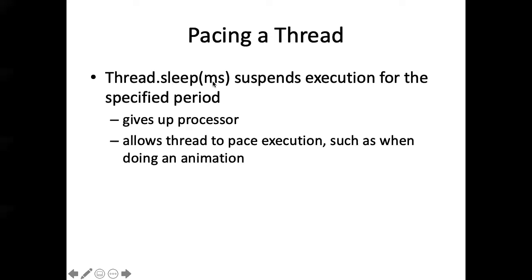Now, that gives up the processor. What it also does is it does not guarantee that you will get the processor back after, say, 500 milliseconds. If I say sleep for 500 milliseconds, there's no guarantee I will get the processor back in 500 milliseconds.